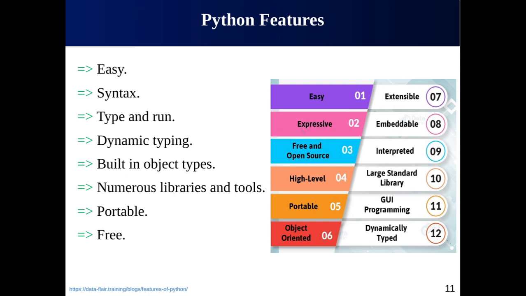Similarly, it is a language which we can say is a type and run language. When you install Python and start working with IDLE, which is the default IDE for Python, you will see that you actually type and then run your program. So it is very simple. In most projects, testing something new requires scores of changes and therefore recompilation and reruns.